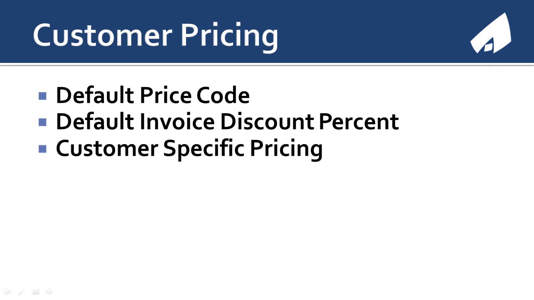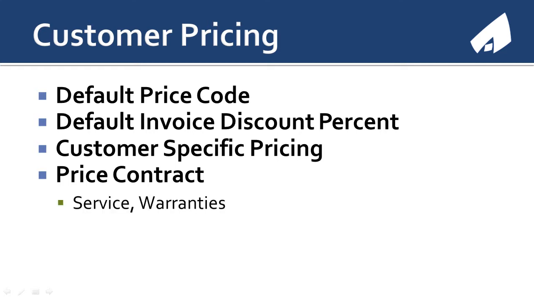On the same tab, users can add customer-specific pricing or list the pricing linked to a customer contract. The customer-specific pricing is the highest part of the hierarchy for pricing in ACCTivate. On the Contracts tab, you can set up a contract for things like service or warranties.